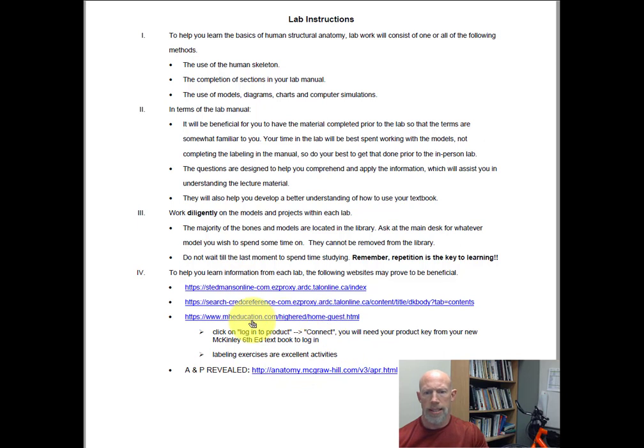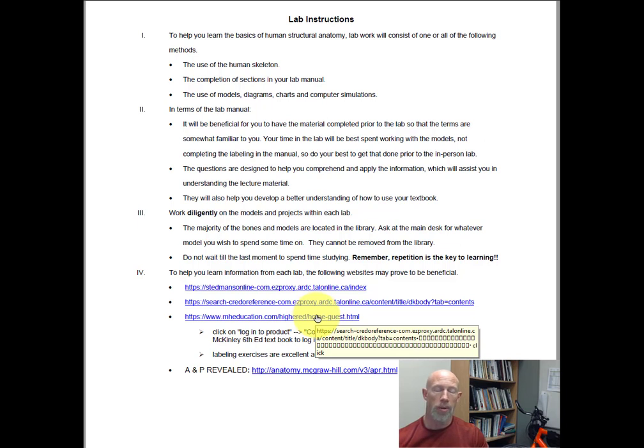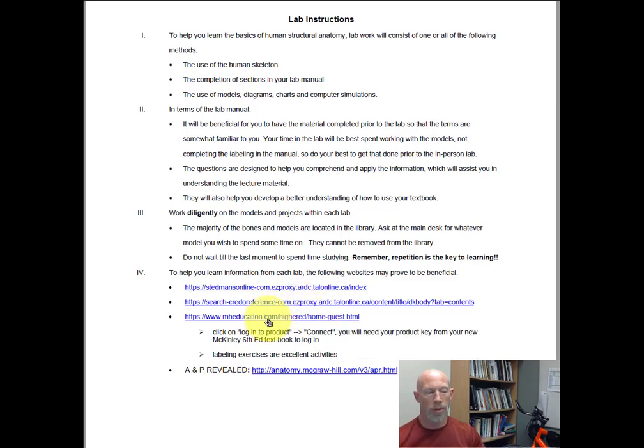Now this McKinley website or link here is assuming you have a new textbook and you have the product key for that textbook, then you should have access to some of the online features. And so there's a link here to take you to that, where you'd have to sign in and then enter the product key. So if you're using a used textbook, then you probably won't have that.